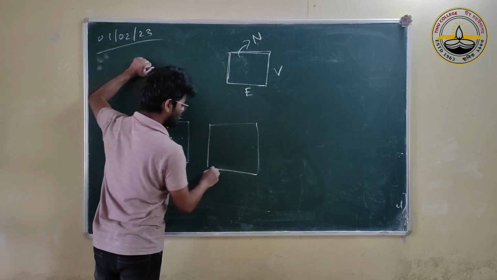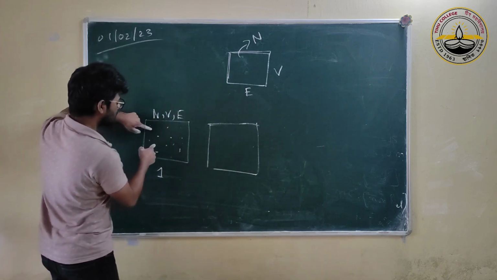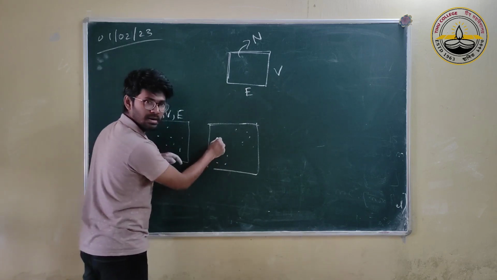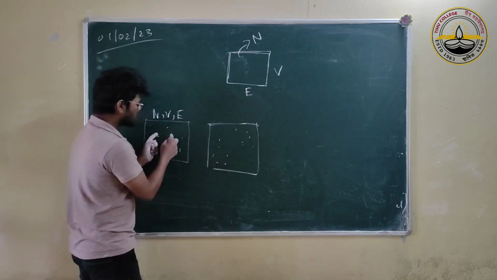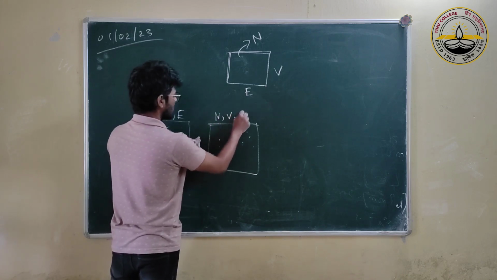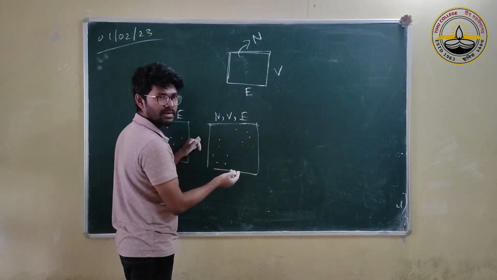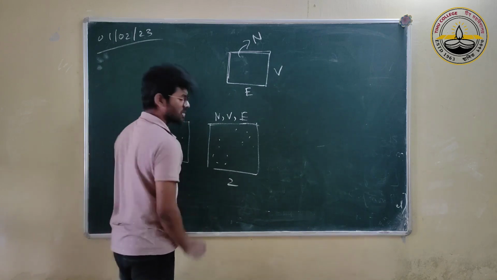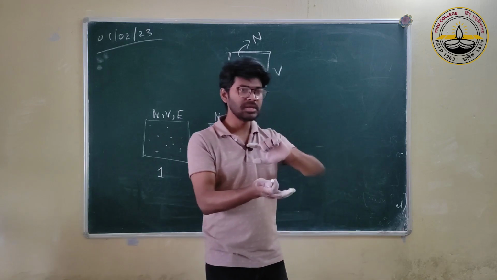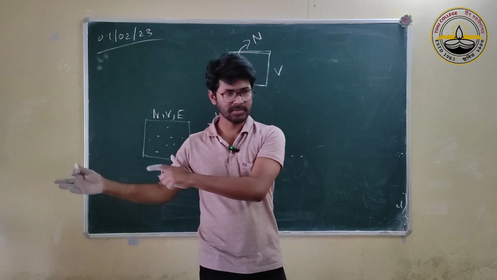We can also have some of these particles in this corner and this particle in this corner, right? And the velocities are slightly different, but still in total it's NVE again. So let's say that's microstate 2, and so on.